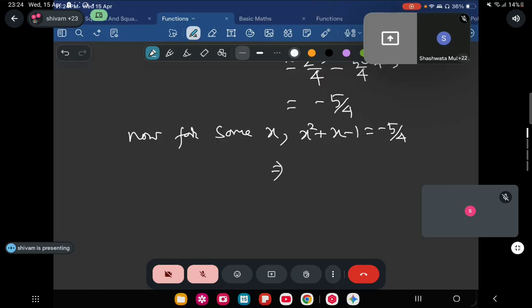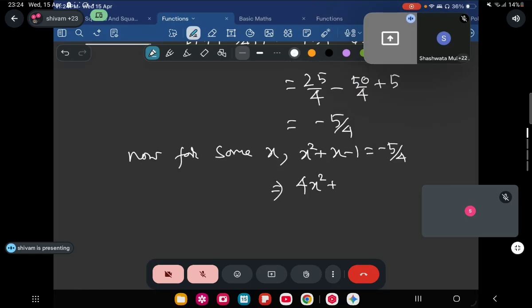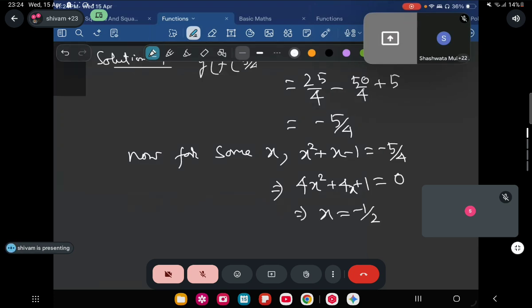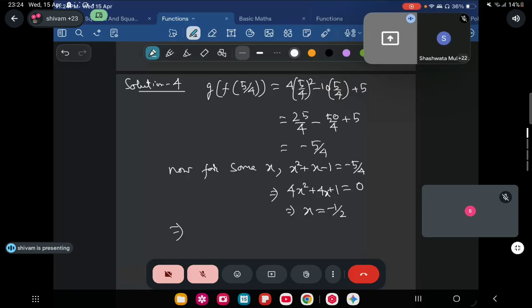Cross multiplying, we get 4x square plus 4x minus 4x plus 5 plus 1 equal to 0. So from here, we get x equal to minus half. So what does it imply, everyone? On comparison, this implies f of 5 by 4 is equal to minus half. Are you people getting it? If you are unable to understand, you can ask me now.